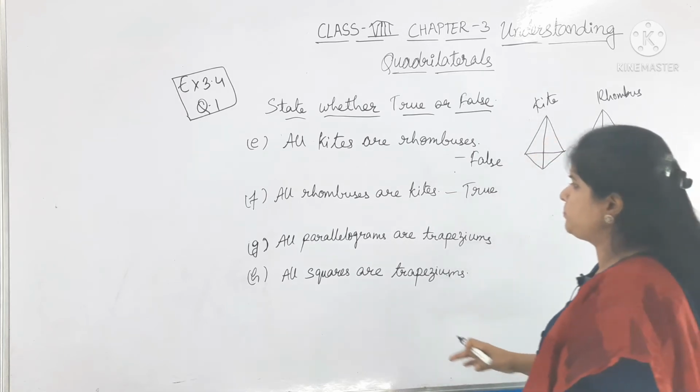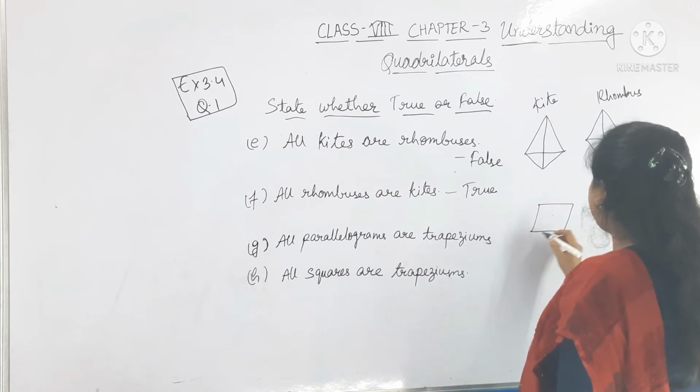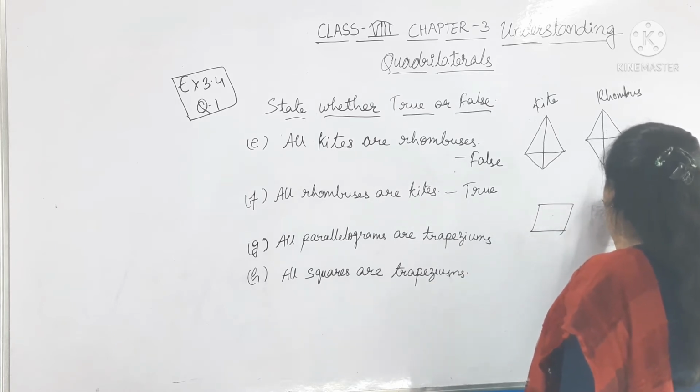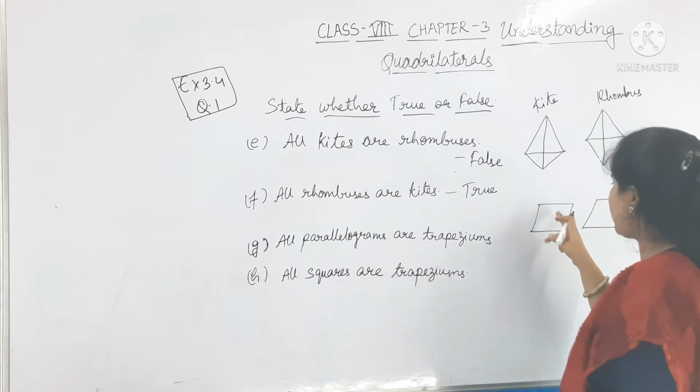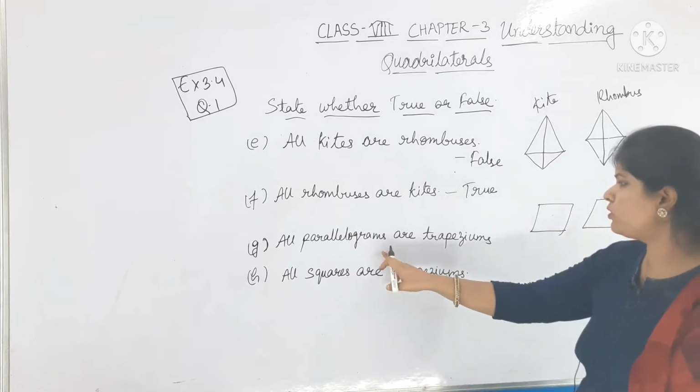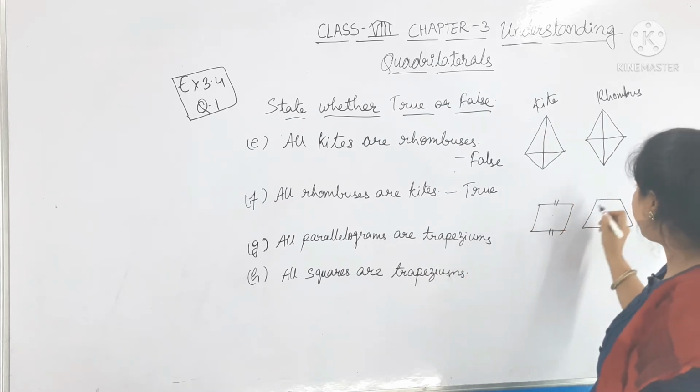All parallelograms are trapeziums. This is a parallelogram and a trapezium is like this. So the opposite sides are parallel in both, in the parallelogram and the trapezium. This opposite side is parallel here.